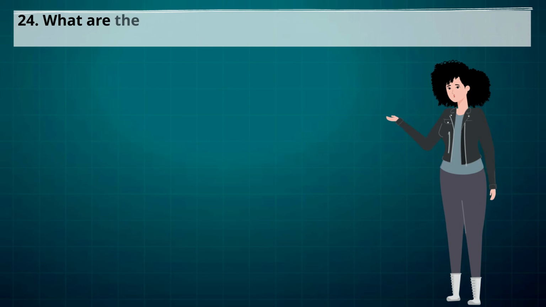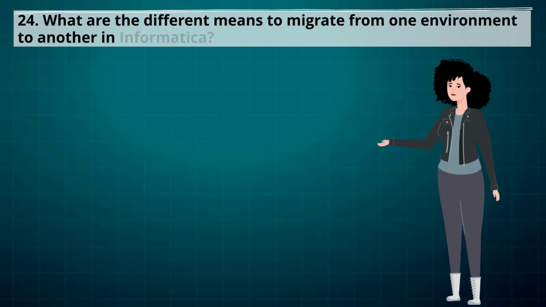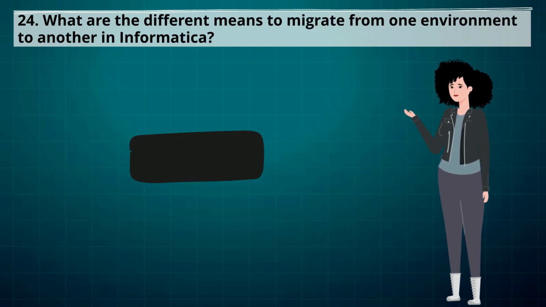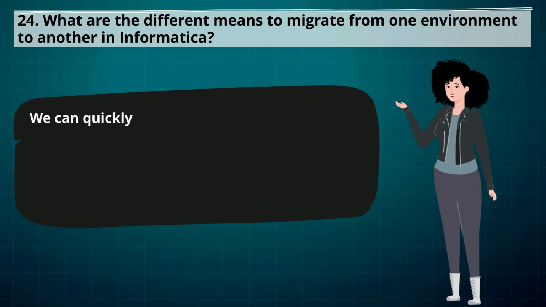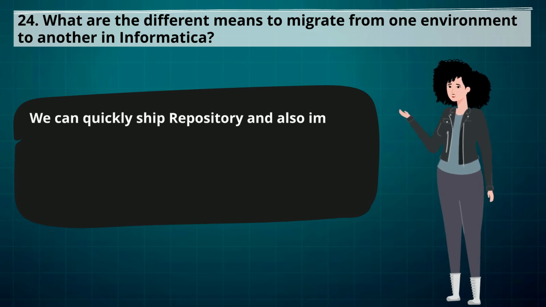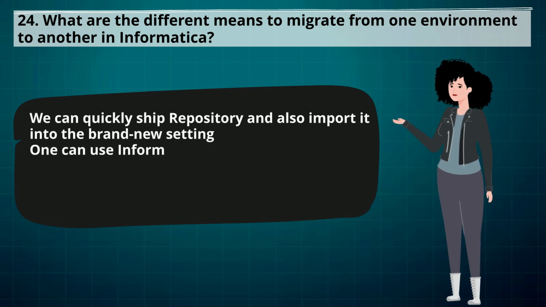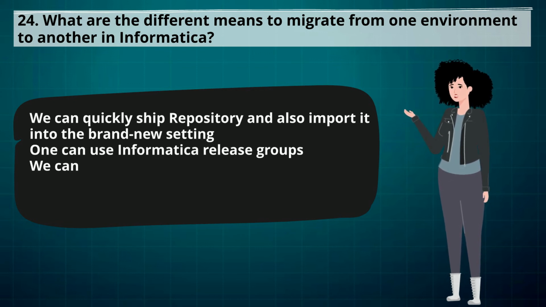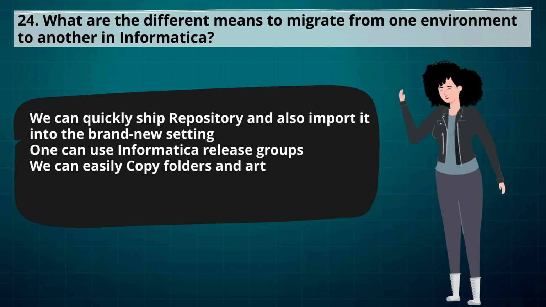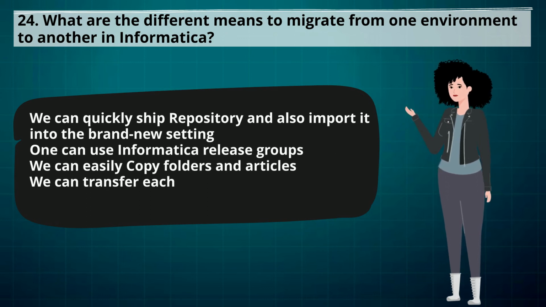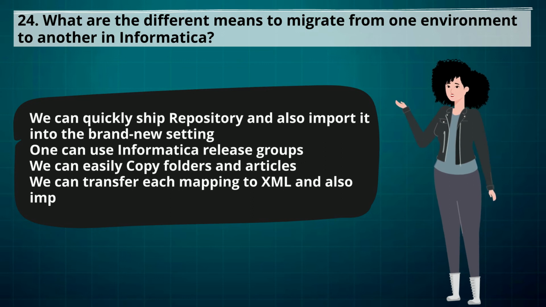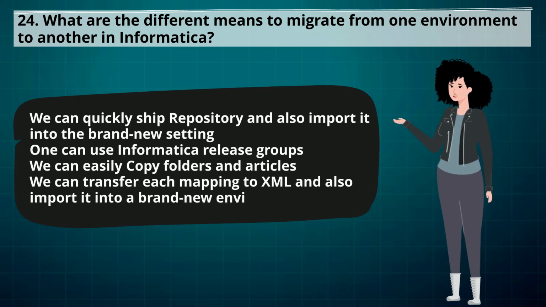24. What are the different ways to migrate from one environment to another in Informatica? We can export the repository and import it into the new environment. One can use Informatica deployment groups. We can copy folders and objects. We can export each mapping to XML and import it into a new environment. 25.